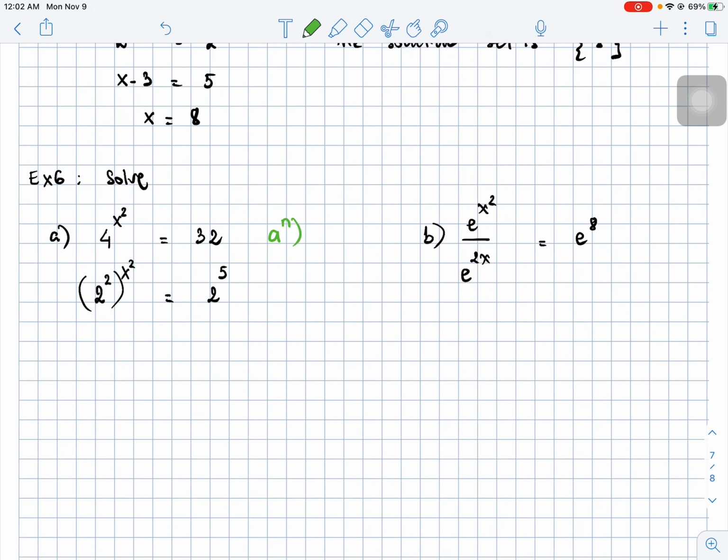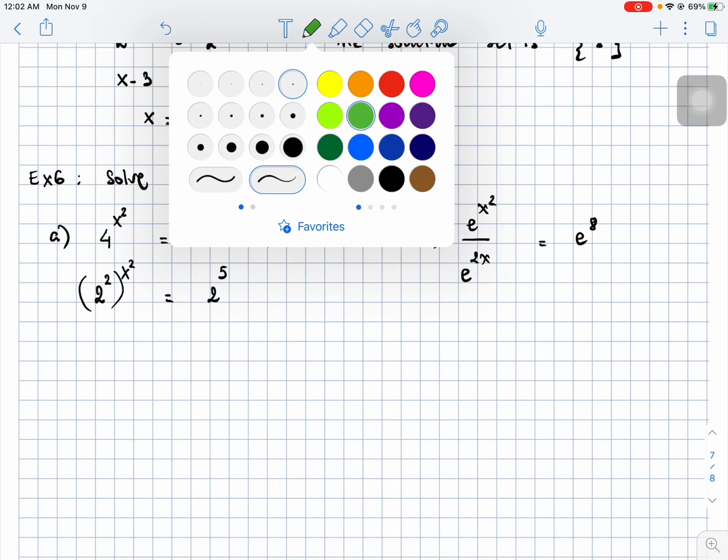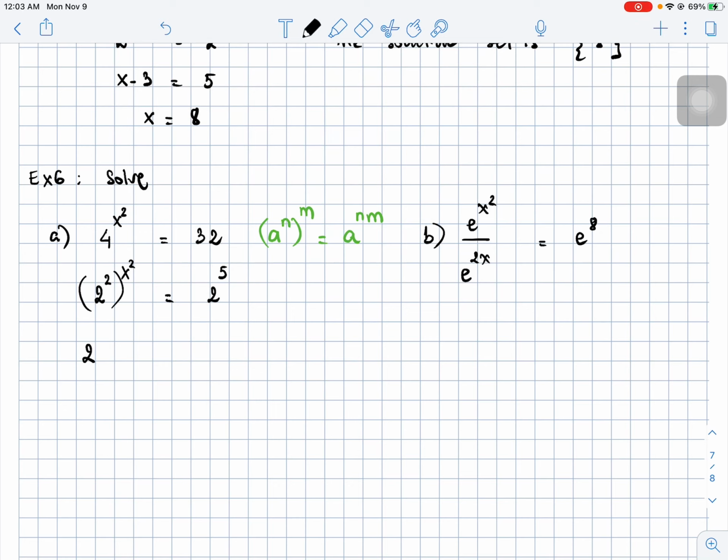We did that before, so we're going to use the power rule. The power rule: we have a to the n and then to the m, then we multiply the n and the m together. So 2 times x squared is 2x squared. Then we can equate the exponents 2x squared and 5.